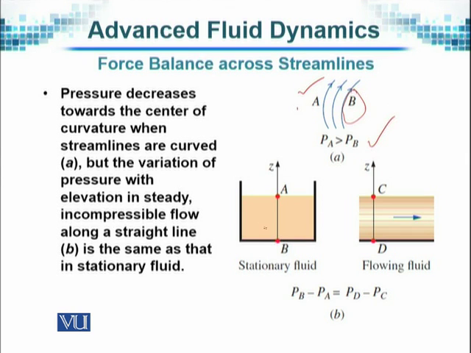But when the fluid is steady, or flowing in the manner shown, then they are the same. The pressure difference is the same. Therefore pressure at B minus pressure at A will be the same as pressure at D minus pressure at C.